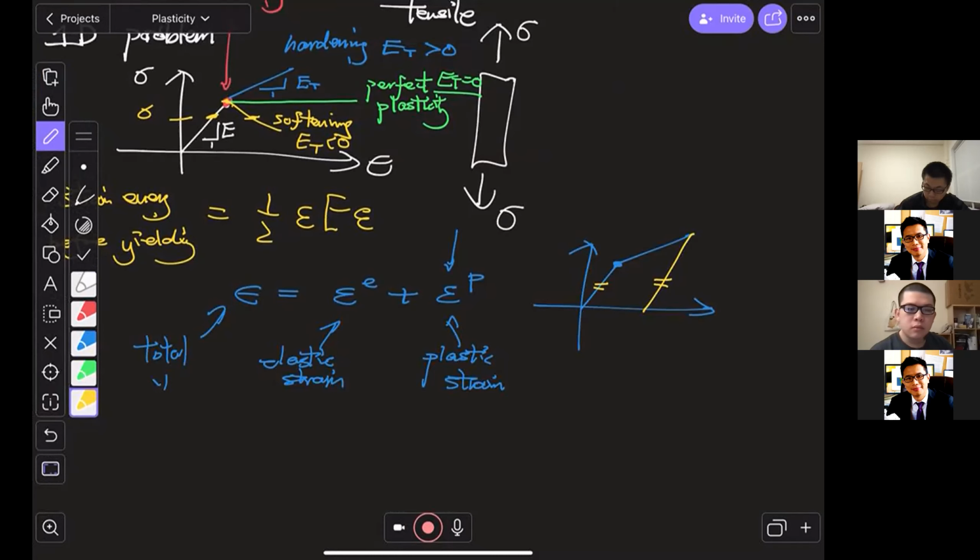They are both the elastic loading curve, whether it's elastic loading or unloading, and the slope of both will be E. So which part is elastic, which part is plastic? This part would be the plastic strain, and this part would be the elastic strain.